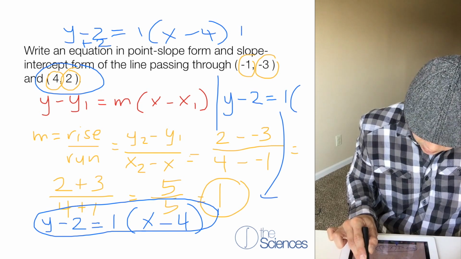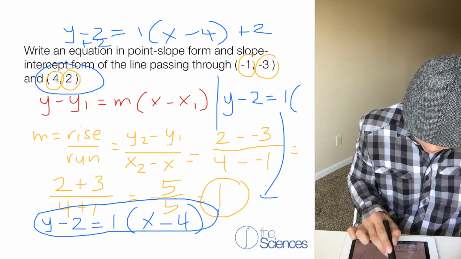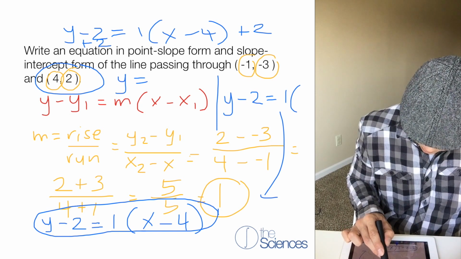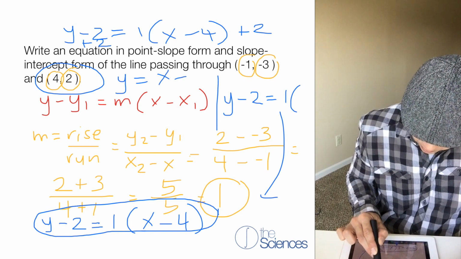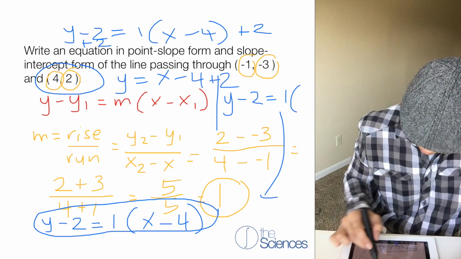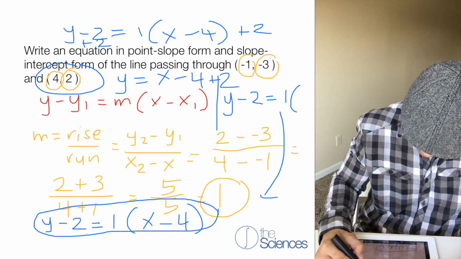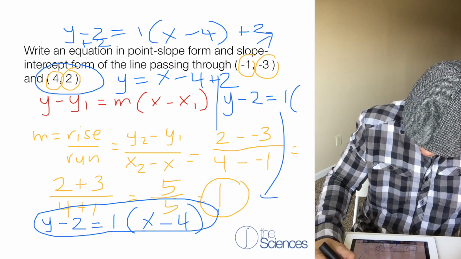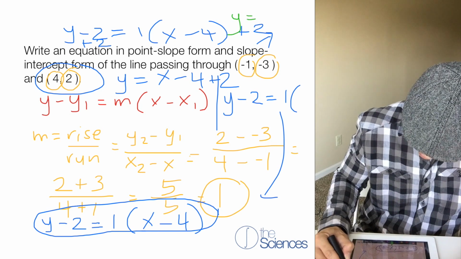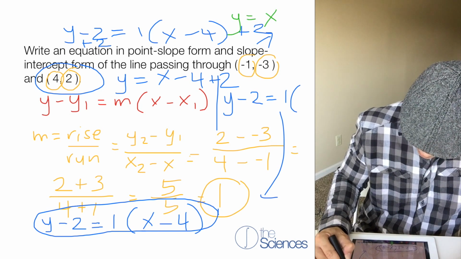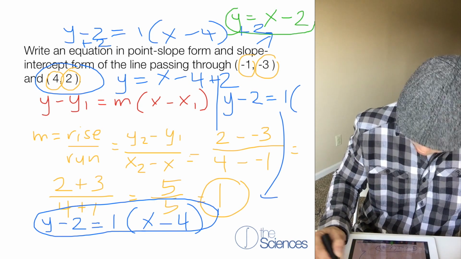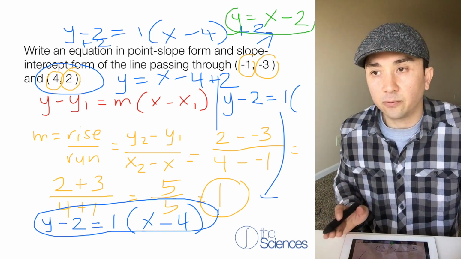If we add 2 to both sides, we get y equals x minus 4 plus 2, or y equals x minus 2. So that's our slope-intercept form.